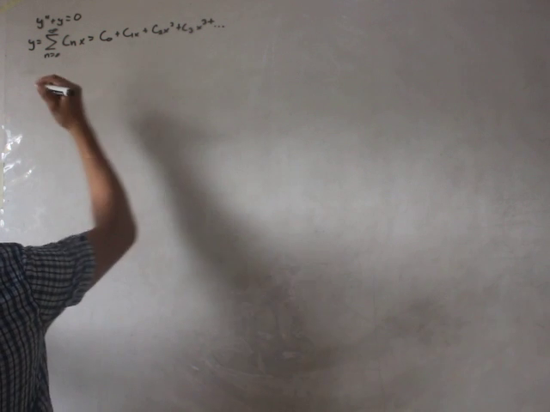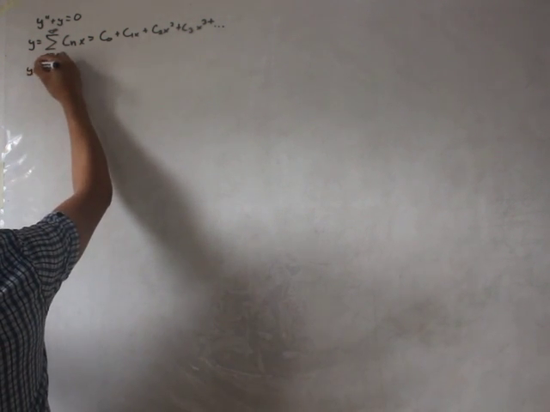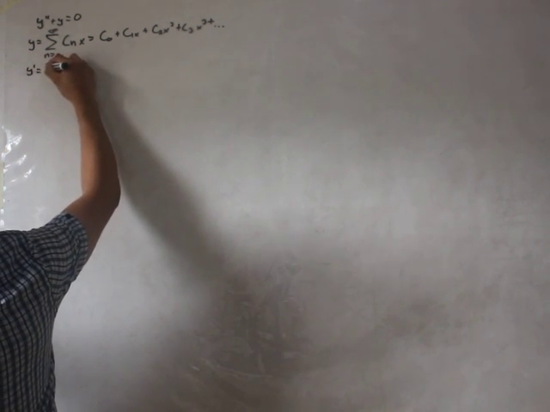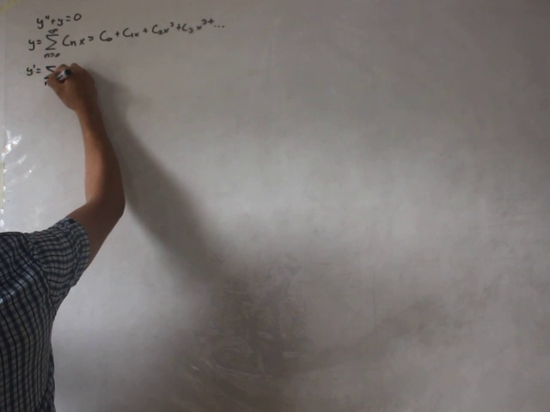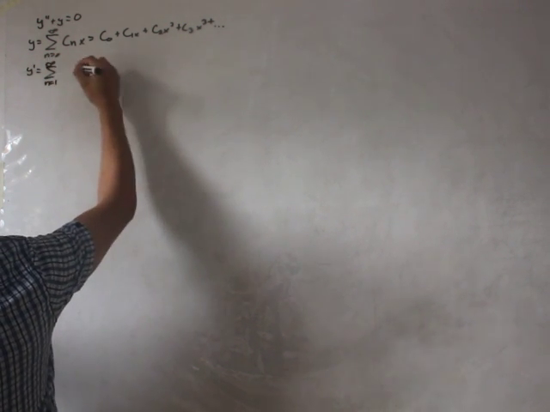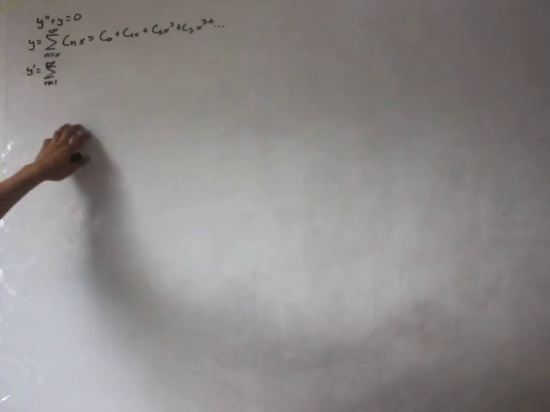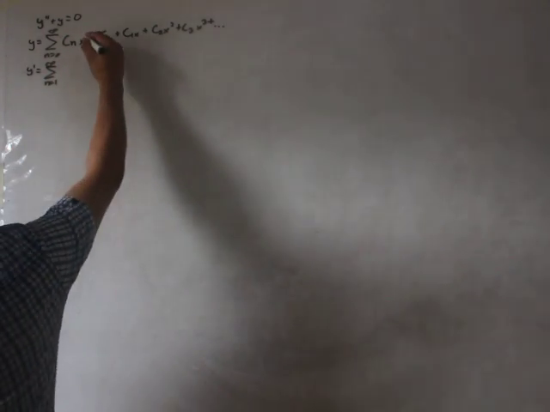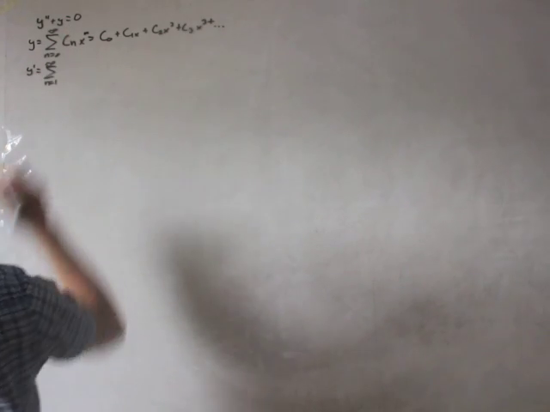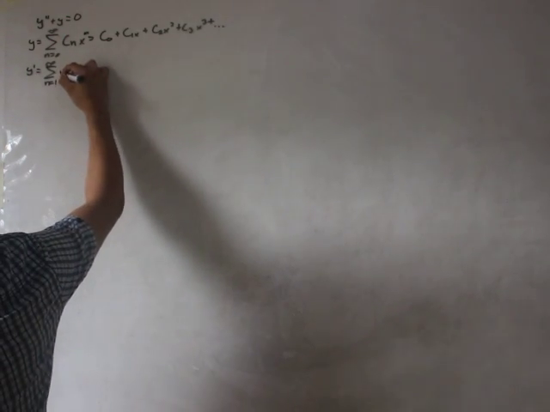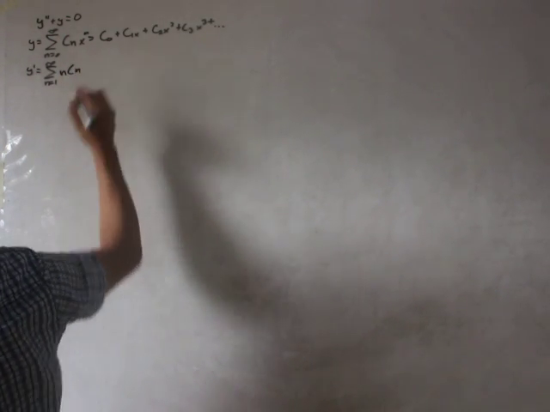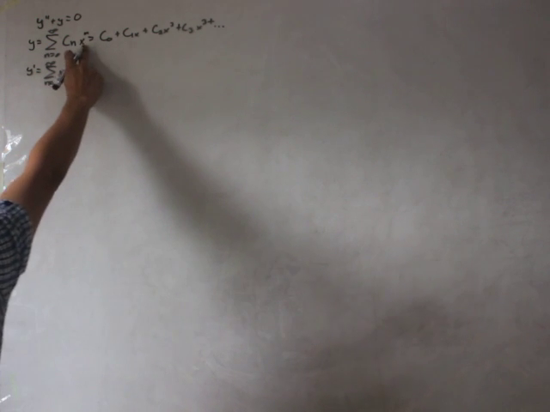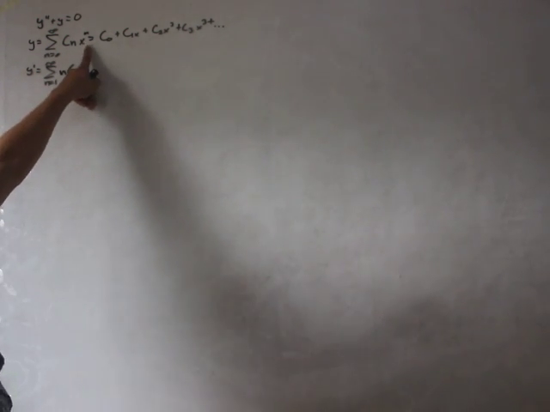Our y prime is the summation from n equals 1, so we need to derive this as f of n and c_n. So how will you derive x raised to n?